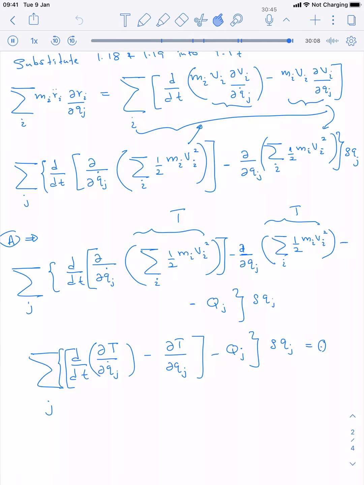As we did in class last time, what you need to do after here is write the generalized force as ∂V/∂qj, assuming V is the potential function, and then substitute it into Qj, and rewrite this equation so that you will get the Lagrange equation from there, right?